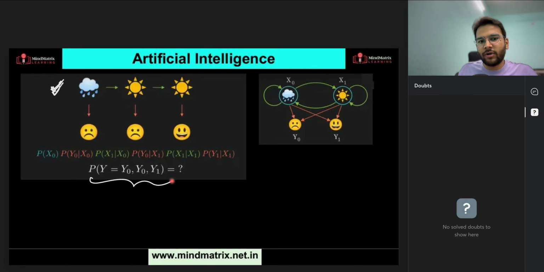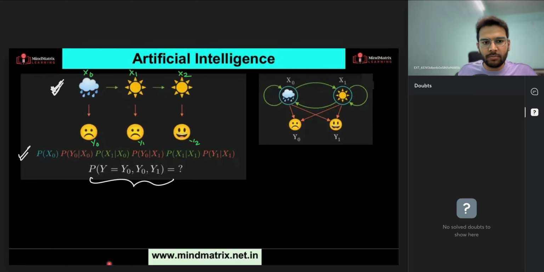Then I can write the probability of x0 times the same thing that we have written. If this is my x0, x1, x2 and this is my y0, y1, y2, can I write it like this? Probability of x0, times probability of y0 given x0, probability of x1 given x0, probability of y1 given x1, probability of x2 given x1, probability of y2 given x2.